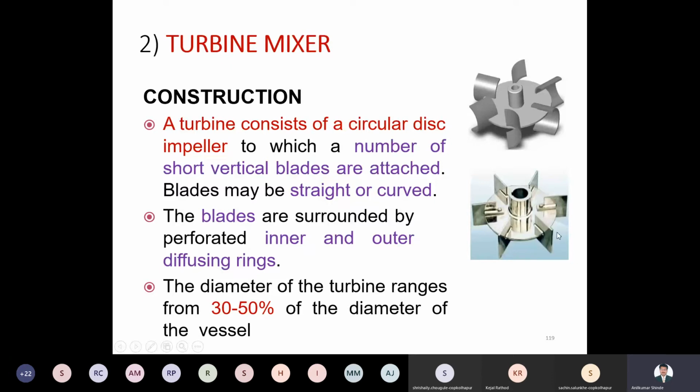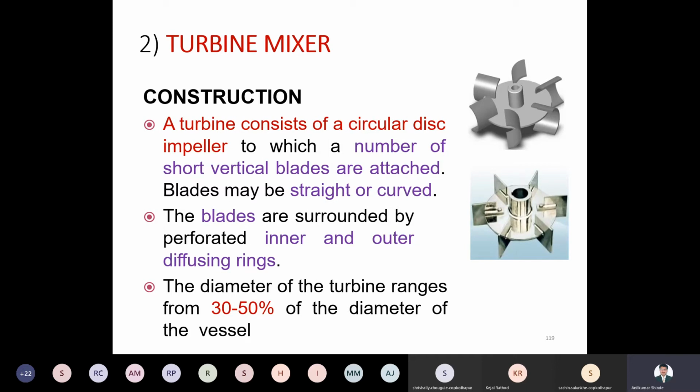Understand? So different blades are attached to the side of the disc, and the flow pattern becomes possible. The blades are surrounded by inner and outer diffusing rings. This is also called a diffusion ring. On the diffusion ring we attach the different blades, on the inner or outer side.